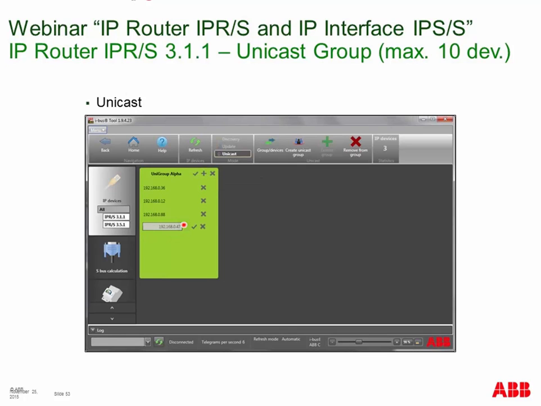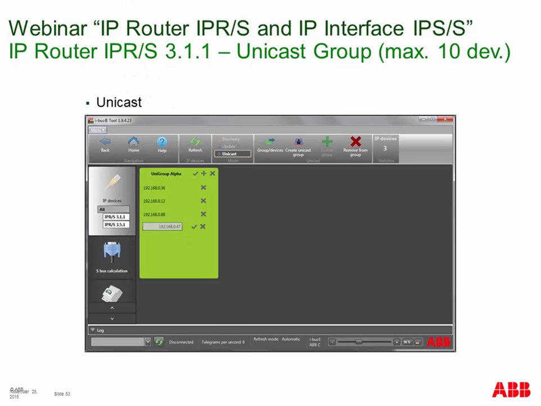Then a new line appears. We can type in a further IP address, for example, from your visualization PC, which you would like to add to this Unicast group as well. Because this is not detected via the IBAS tool. It's an external device. You have to add it here manually via the IP address.